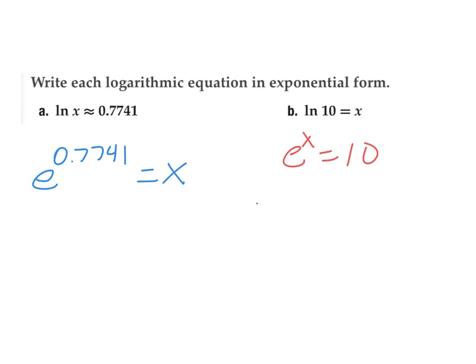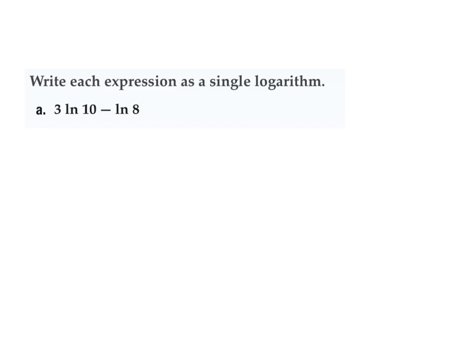The other thing that we're going to be doing in this section is using our logarithmic properties to simplify some logarithms. In the earlier section, 7.5, we took our properties and we had one logarithm and broke it up into multiple logarithms.